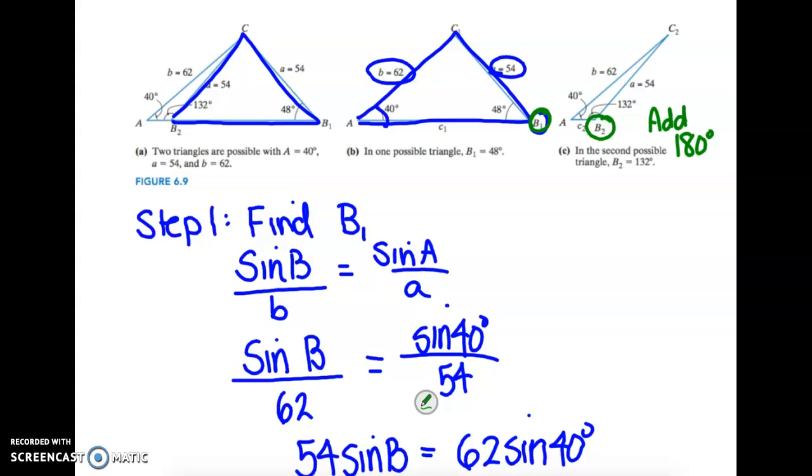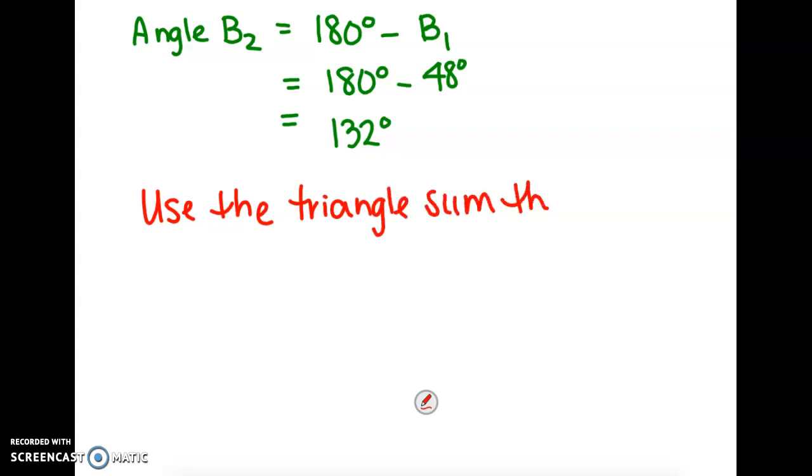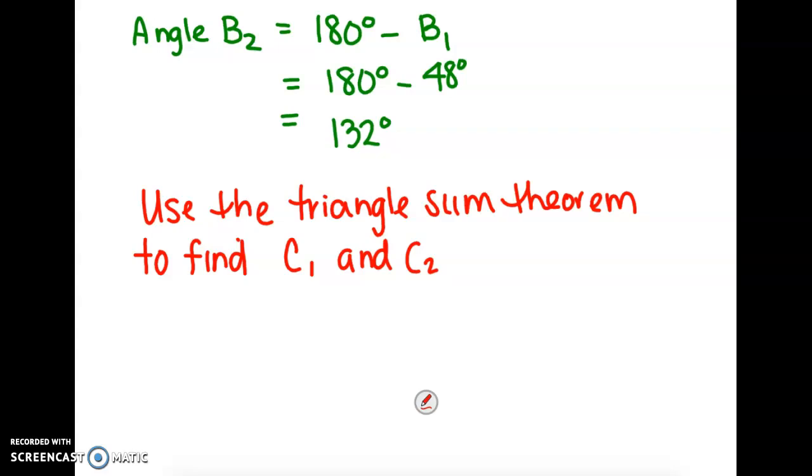Now we have two more pieces left to find: the measures of angle C's and the sides C's. To find the measures of those angles C1 and C2, we're just using the Triangle Sum Theorem to find those last angles in the two triangles.